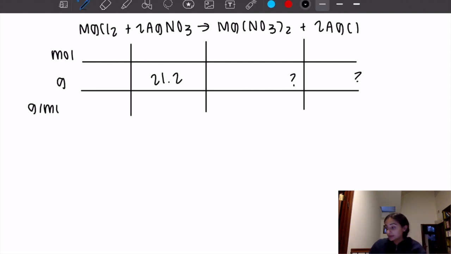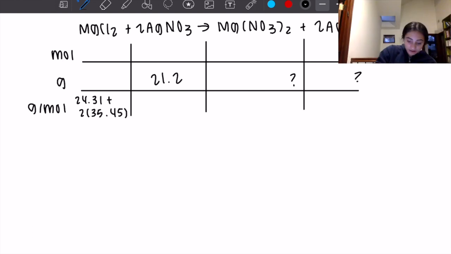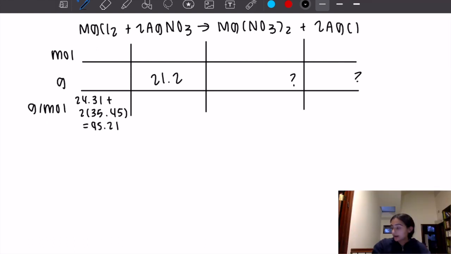So we are going to start with MgCl2. We have 24.31 plus 2 times 35.45, which equals 95.21 grams per mole. For AgNO3, we have 107.9 plus 14.01 plus 3 times 16, which equals 169.91.